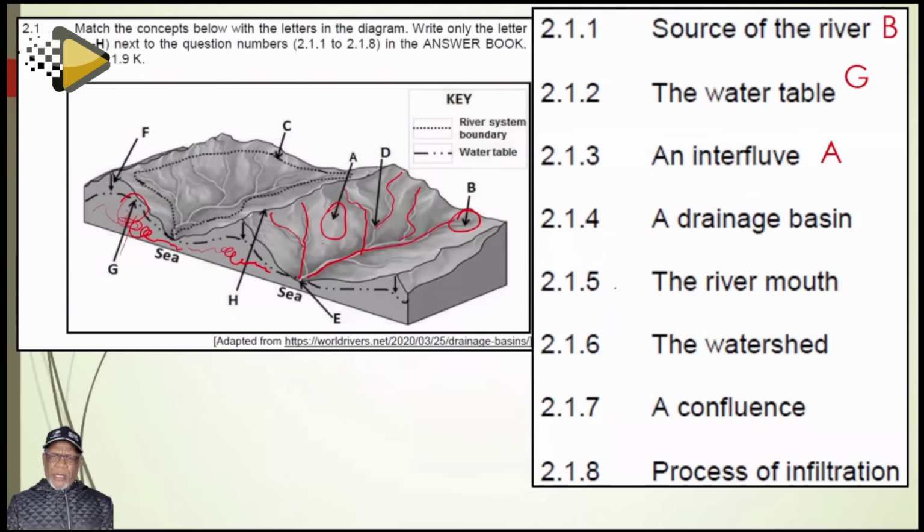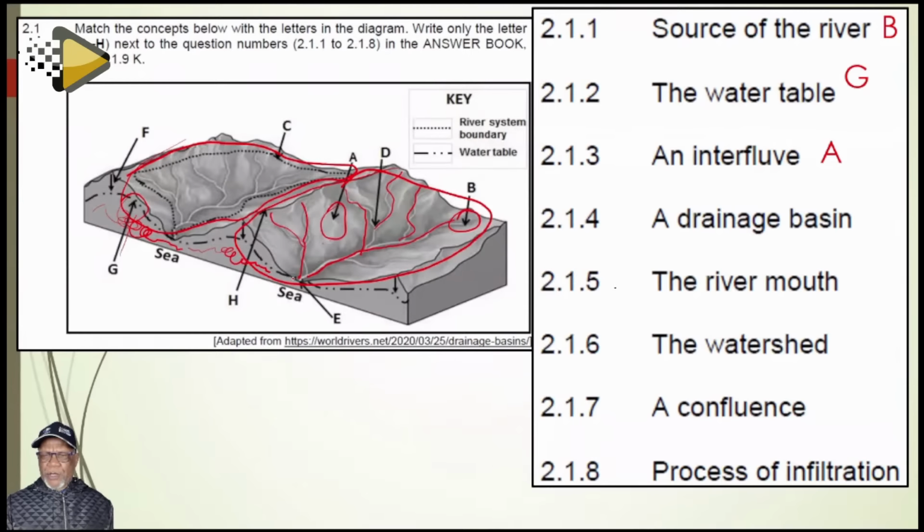Then, what do we have here? We have this drainage basin, this side, and we have another drainage basin, this side, which is indicated by these dotted lines. So you need to be able to define what a drainage basin is. Drainage basin is the total area drained by the river system.